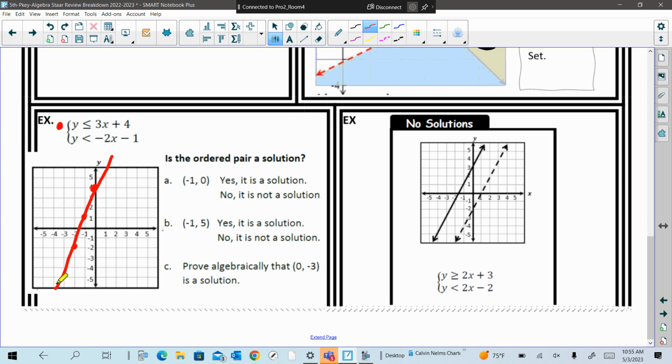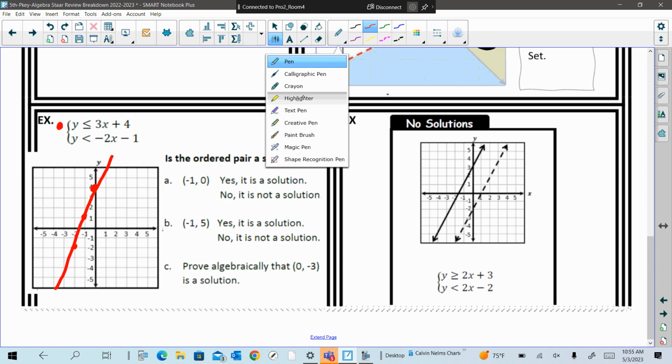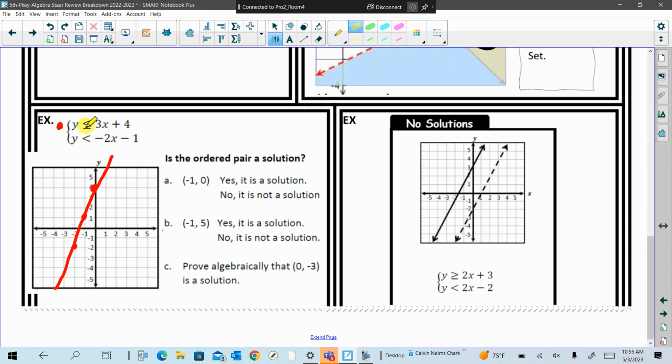Okay, how do we shade for this one? Because it's less than, we shade below. All right, I'm going to do a blue line for my next one. Oops. Okay. For the next inequality, where do we start? Negative 1. Yep, start on the y-intercept. And yeah, down 2. So 1, 2 to the right one.